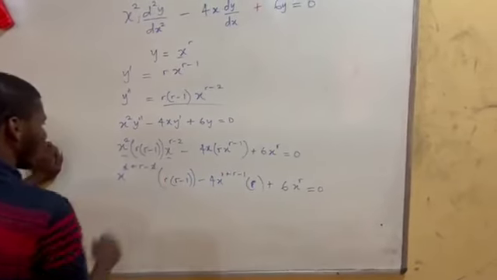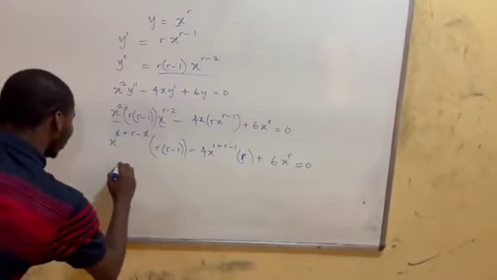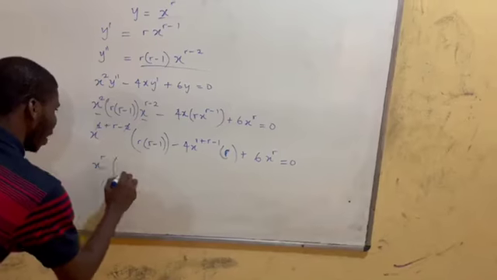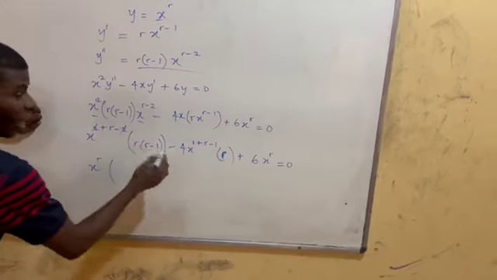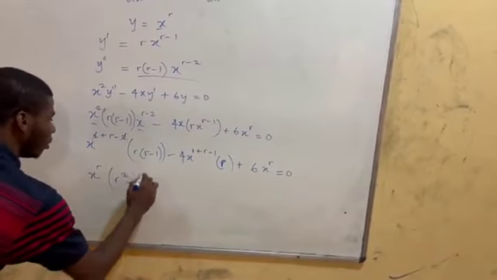So this cancels out, and we are left with x to the power of r. Then we have r multiplied by r minus 1, and we can open this bracket. We have r squared minus r.